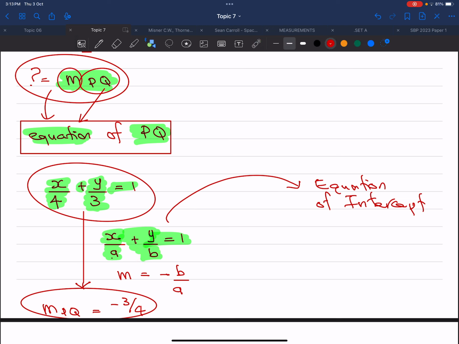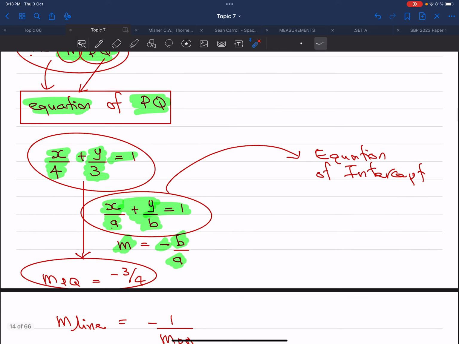When the equation is given in intercept form, the gradient is negative b, the y-intercept, over a, the x-intercept.